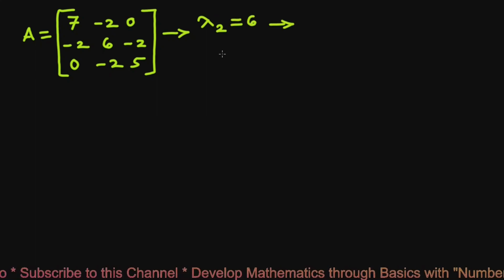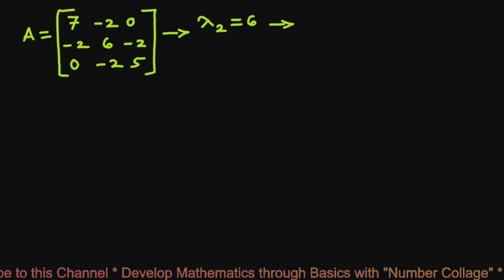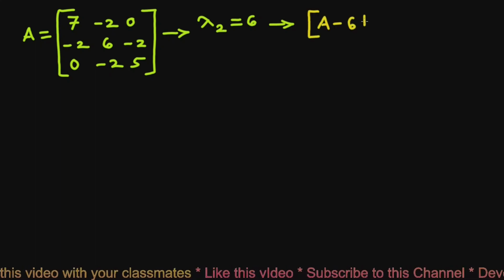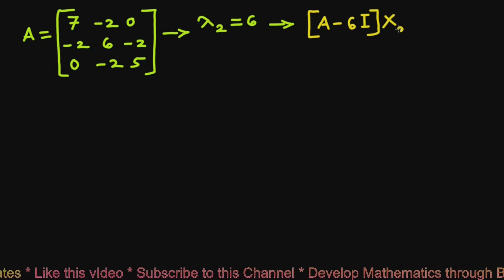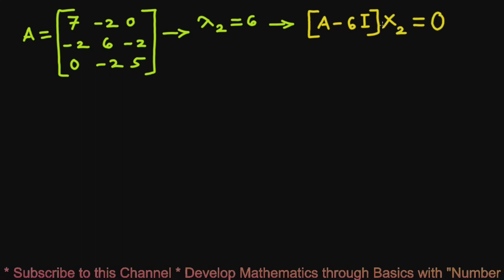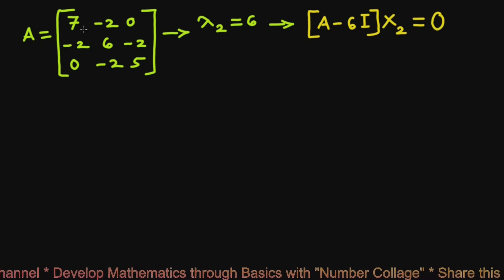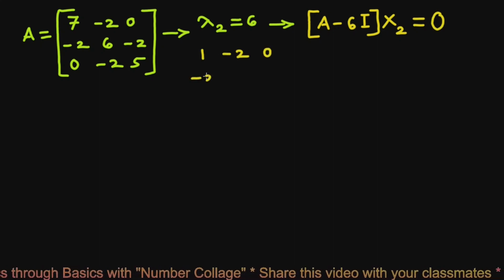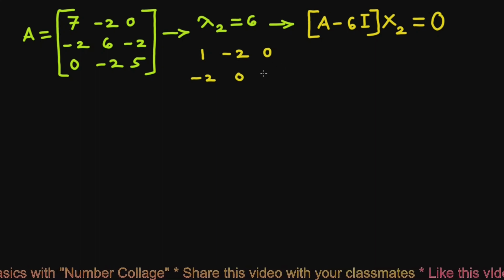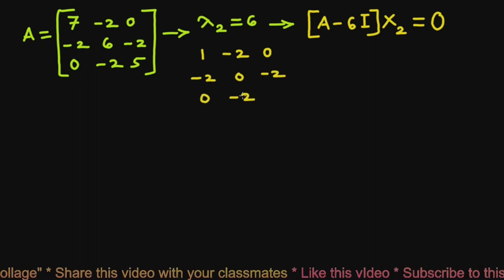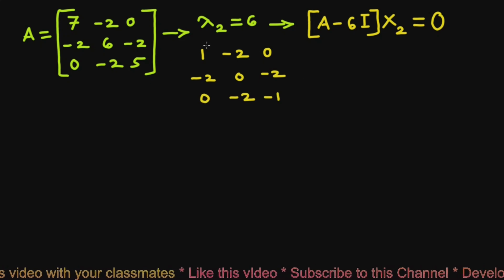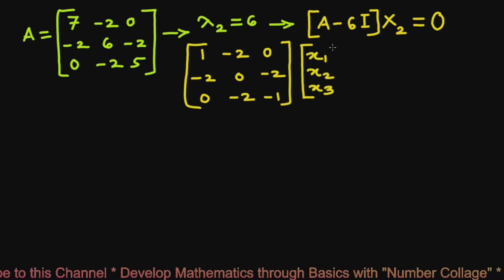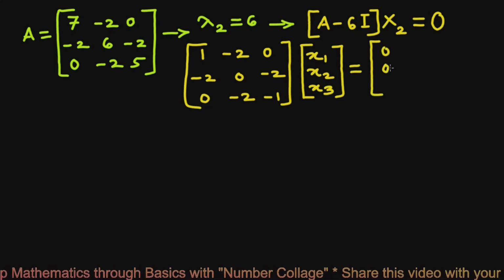As usual, we will write the characteristic equation matrix A minus lambda 2 I, which is 6I, into the second eigenvector x2 equals zero vector O. This we write as [7-6 -2 0; -2 6-6 -2; 0 -2 5-6] into the eigenvector [x1 x2 x3] equals [0 0 0].